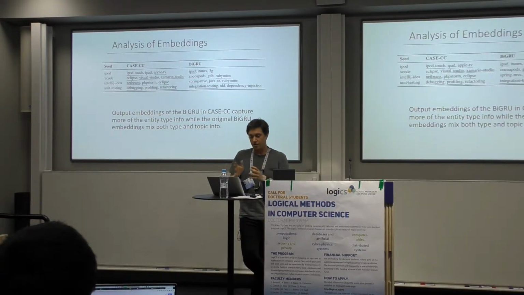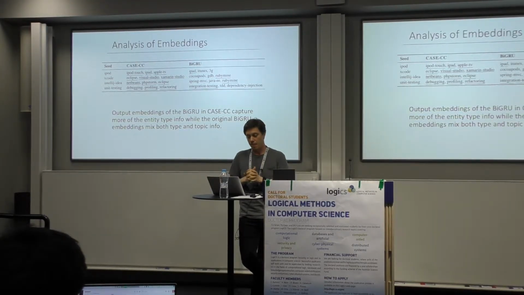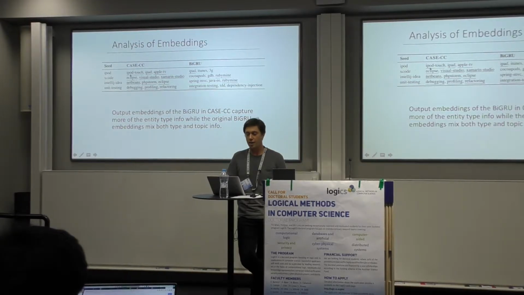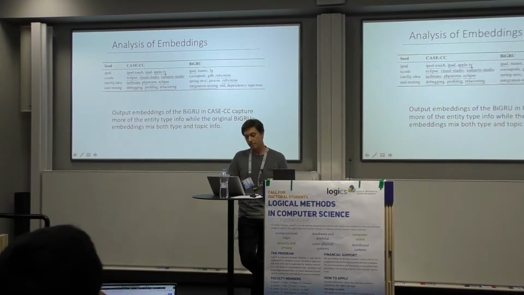And to demonstrate that further, we can sort of analyze the embeddings and look at the nearest neighbors in output space. When we look at the CASE model, we see that the nearest neighbors to iPod are other similar devices: iPod Touch, iPad, Apple TV.